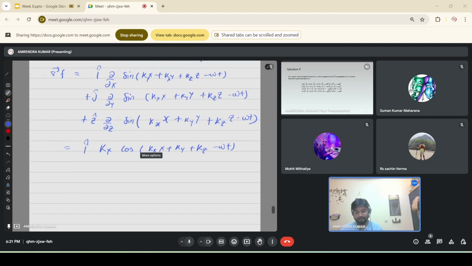And again, similarly for others, it will be ky j cap cos of the same argument, and for k, kz cos of kx x plus ky y plus kz z minus omega t.